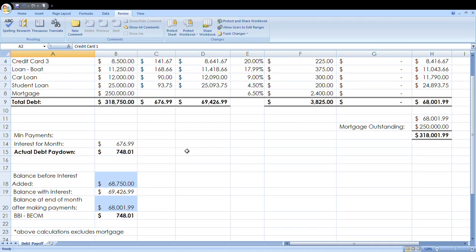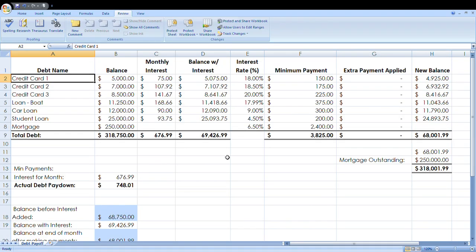When we're looking at this, your actual payments for the month, these guys right here, totals $1,425. You made $1,425 worth of minimum payments.